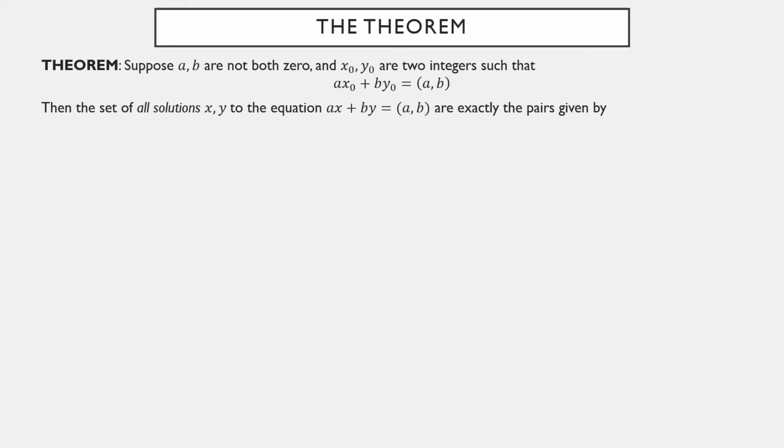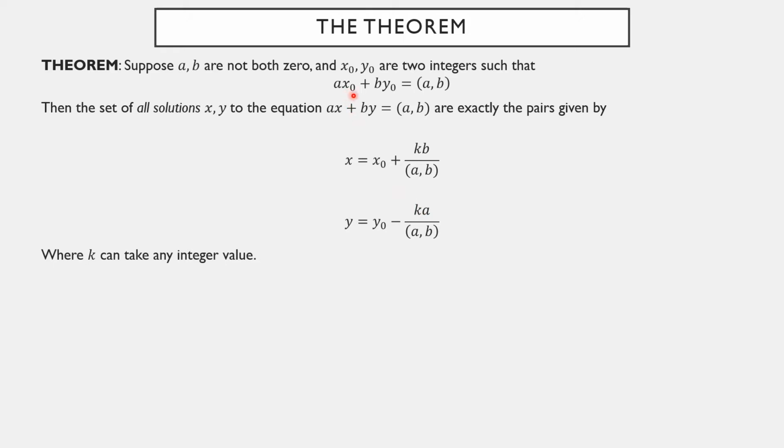Then the set of all solutions, ax plus by equals the GCD of a and b, are exactly given by letting your x be of the form x0 plus k times b over the GCD, and y being y0 minus k times a over the GCD, where this x0, y0 is the one solution you found, and k is any integer you want at all.